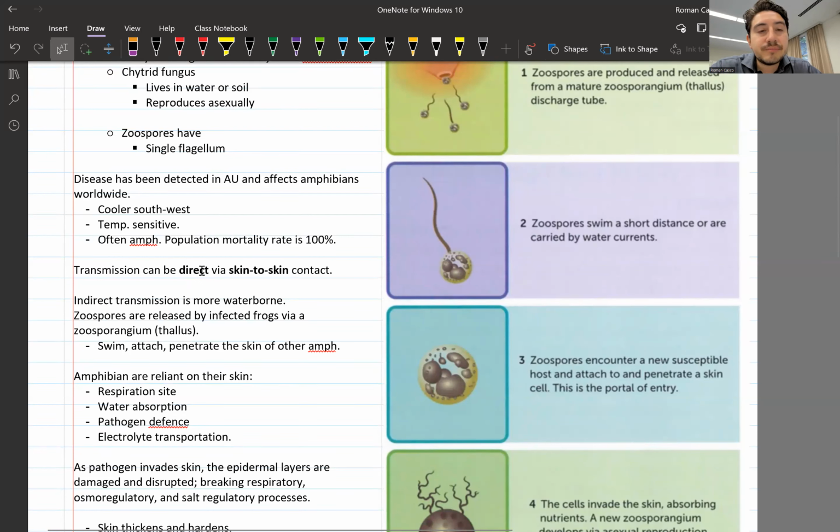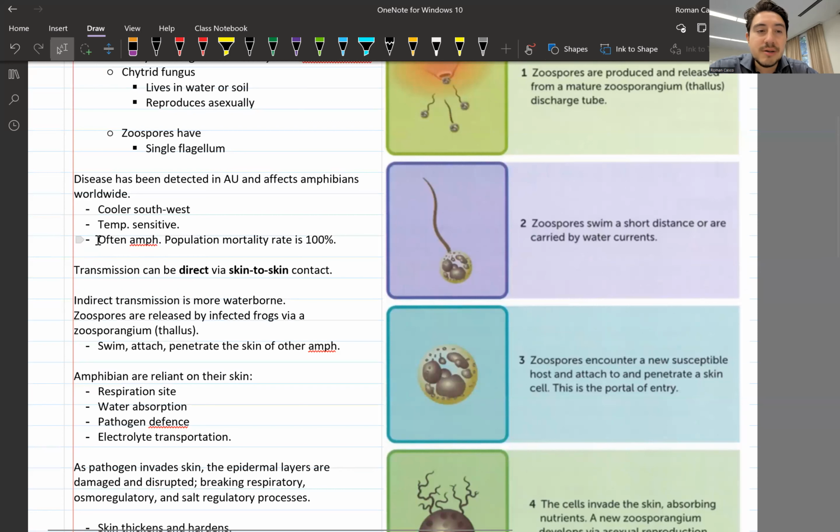And any amphibian that it infects, generally the population of any infected amphibian, the mortality rate is likely 100%, right? It's a high death rate. That's why it's so important to understand what it is, because if more amphibians, more species are infected, a lot of species diversity is going to decline, right?